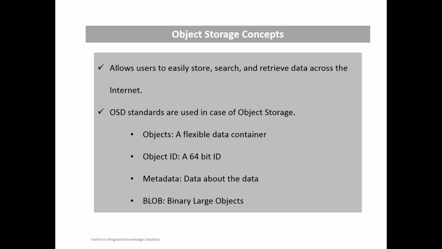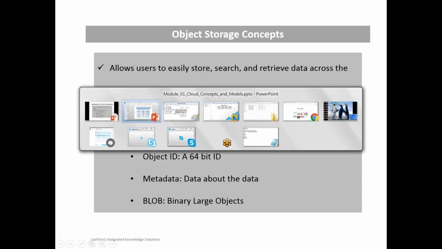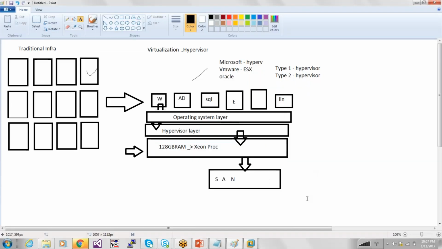Moving on to another concept, which is storage. Everything is storage, and in this example, I was talking about a storage area network. It's like a couple of petabytes of storage that you can think about.